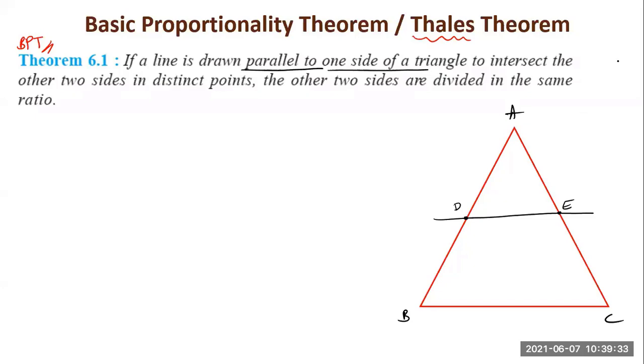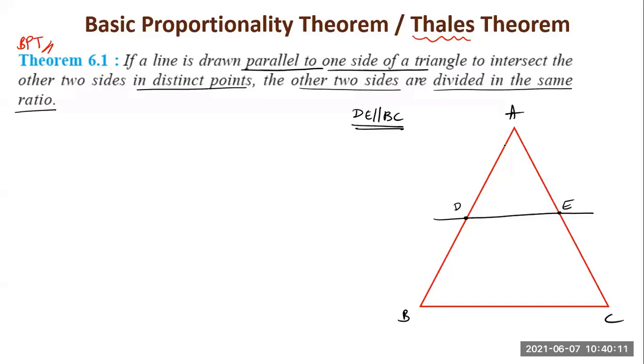Suppose DE is parallel to BC here. This DE line is parallel to BC. If DE is parallel to BC, then the other two sides are divided in the same ratio.